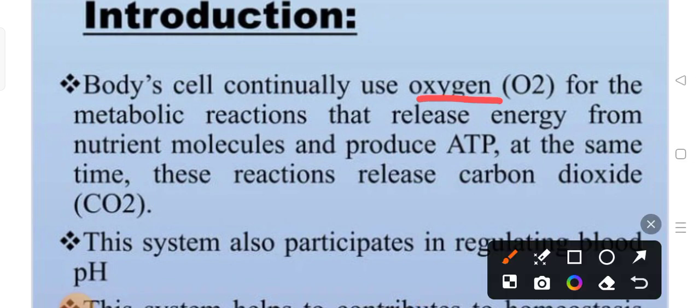Why do they need oxygen? For the metabolic reactions. These metabolic reactions release energy from the nutrient molecules, and they also produce ATP, adenosine triphosphate. At the same time, these reactions also release carbon dioxide.